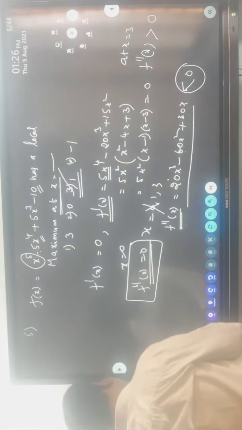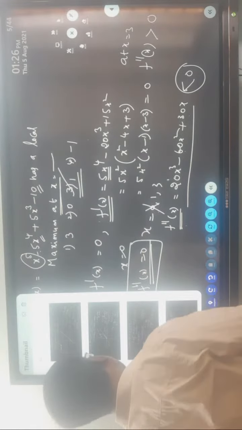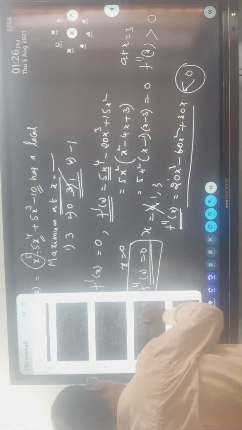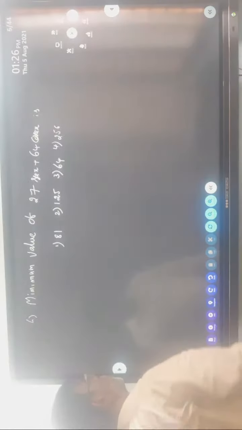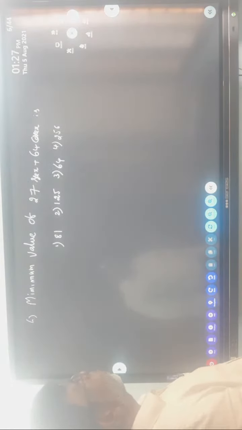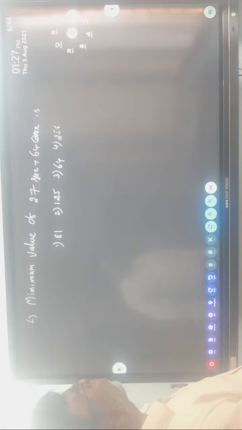Let me explain another question. The next question is 27 secant x plus 64 cosecant x, find the minimum value.